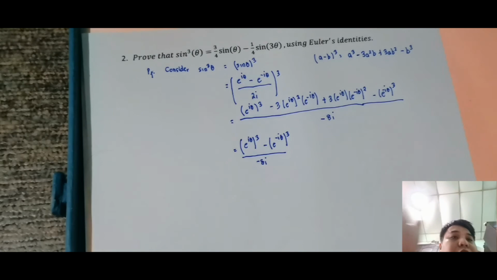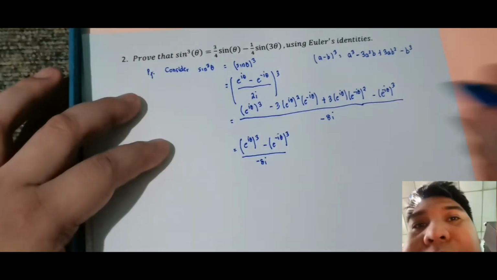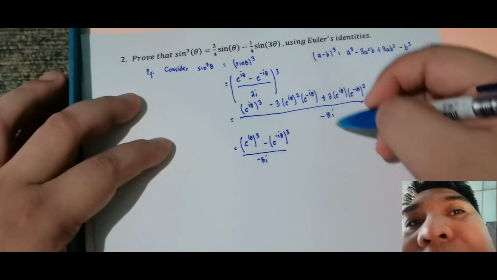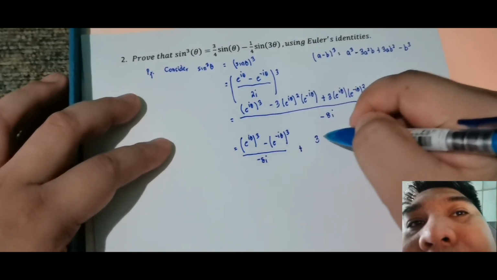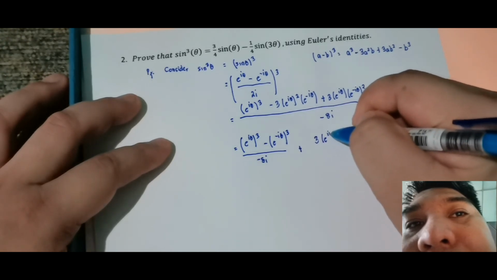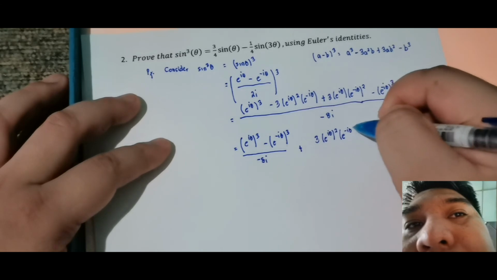At the same time, I will also split the fraction. Okay, next, I take out the negative, that is positive, then that is 3 e raised to i theta raised to 2, then e raised to negative i theta.